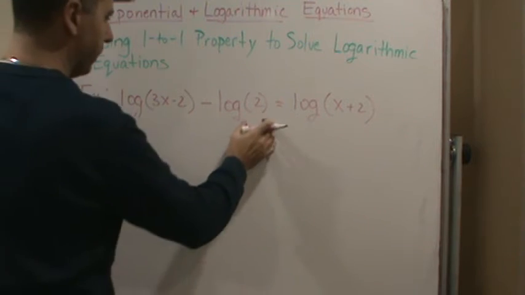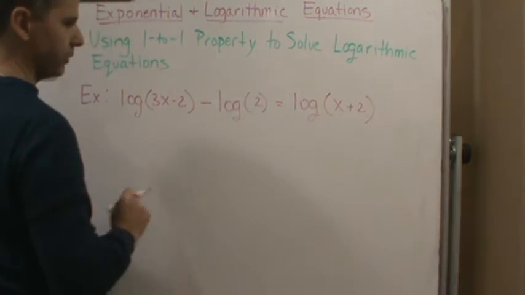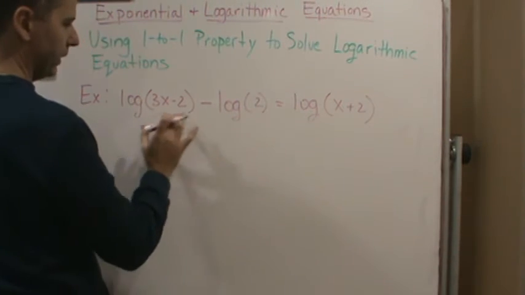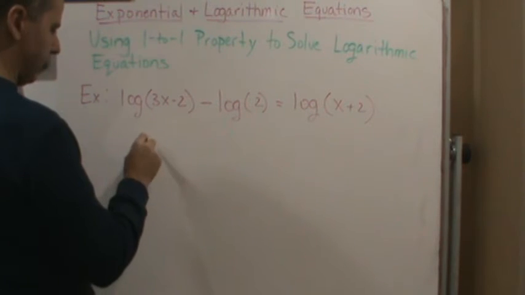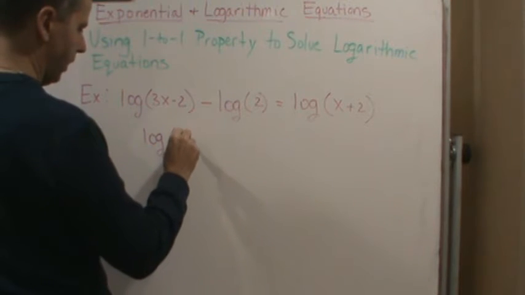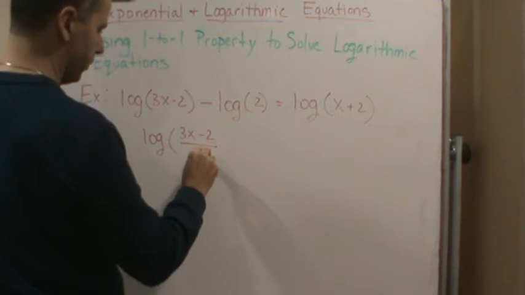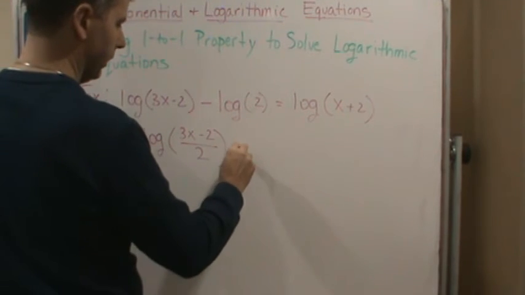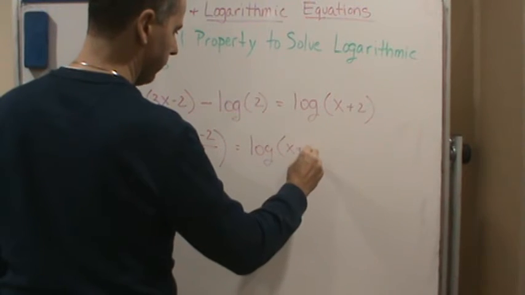Now we can combine these two logs, because we want to get a log on both sides. Combining them, we get log of (3x minus 2) over 2 is equal to log of x plus 2.